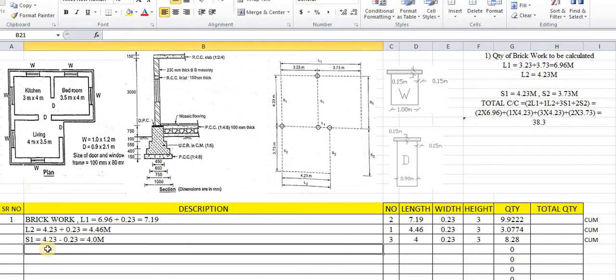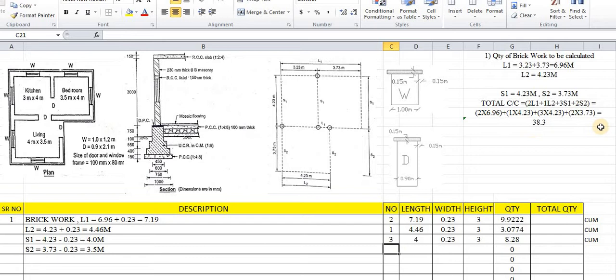Same way we will calculate S2. S2 length is 3.73. We deduct 0.23, so 3.73 minus 0.23 comes to be 3.5 meters.